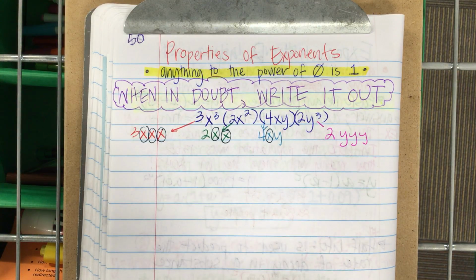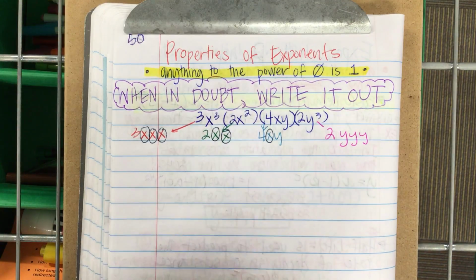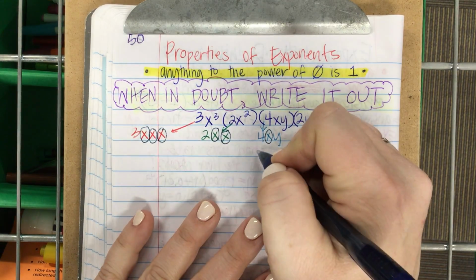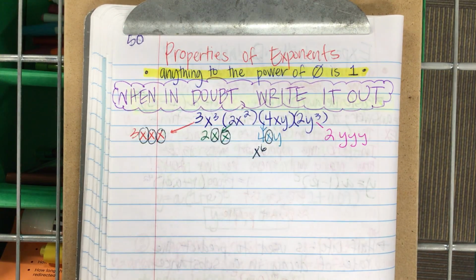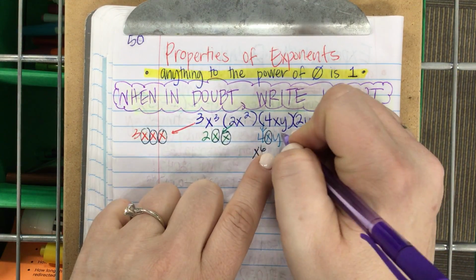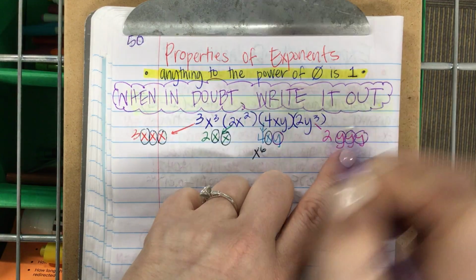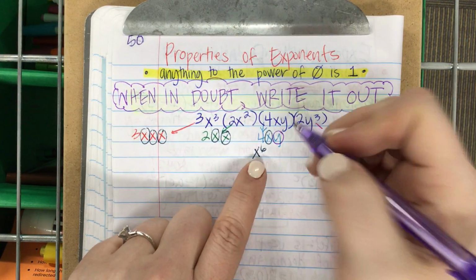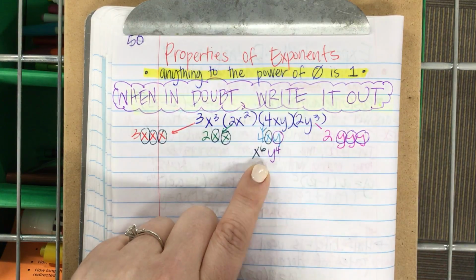What's an easier way of writing x, x, x, x, x, x? X to the 6th. And let's look for other things to collect. So I've got y, y, y, y. How many do I have? 4. And an easier way of writing that is y to the 4th.